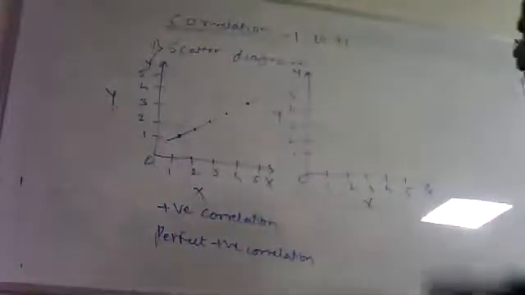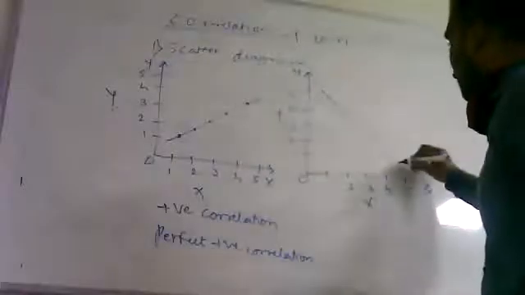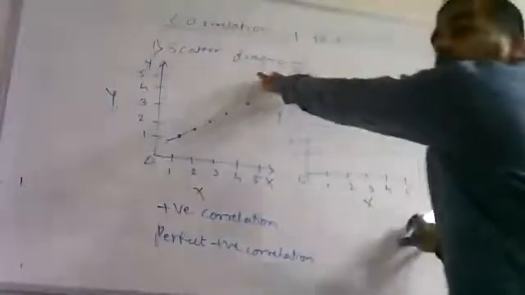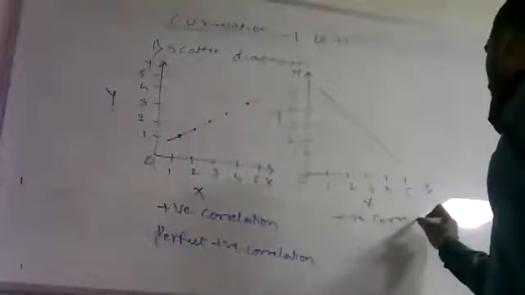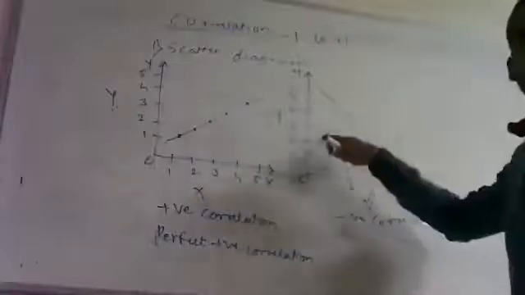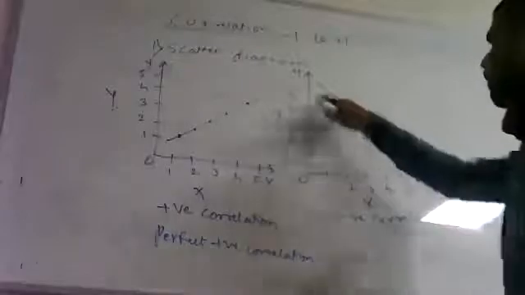If we get a line like that starting from upper left hand to lower right hand, this is the case of negative correlation, because the value of x is increasing but the value of y is decreasing. Understood? So it is the case of negative correlation.